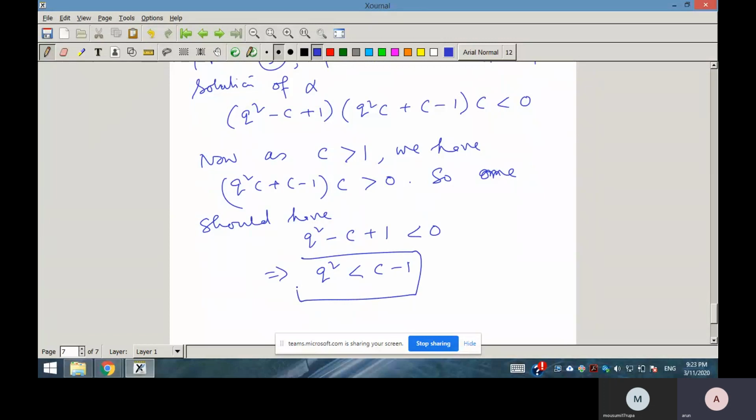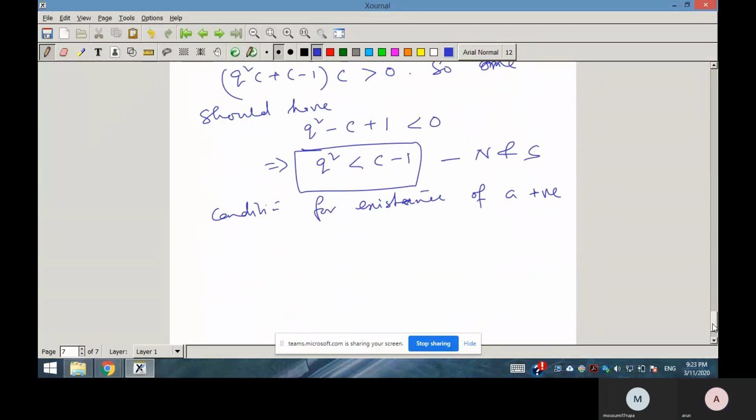So this is your necessary and sufficient condition for existence of a positive solution.